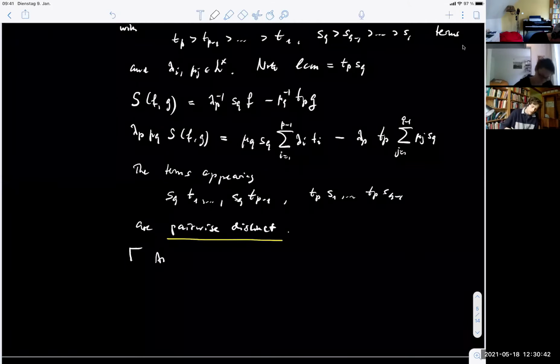Assume it were not the case. So we had S_Q T_I equals T_P S_J, because among the terms in each group, of course, they are distinct. We just have to check that a term here must be different from a term over there. Okay, so then what can we say?